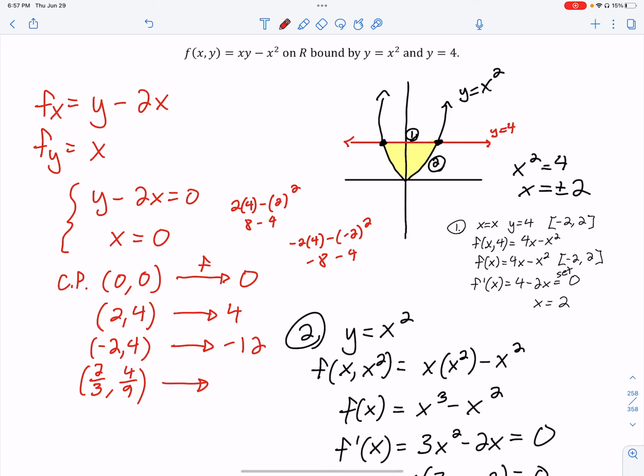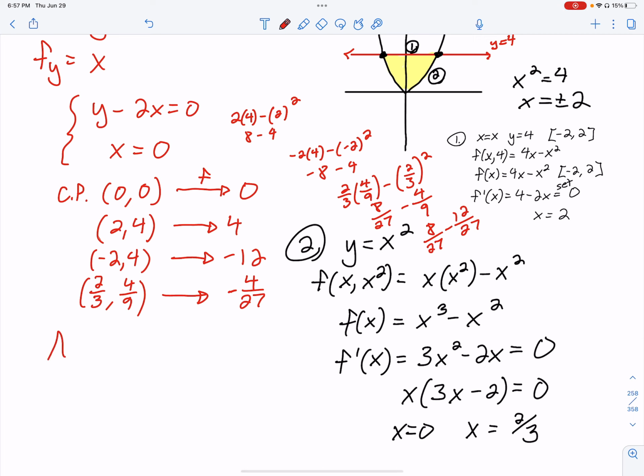And then the last one is not going to be the cleanest: 2/3 times 4/9 minus (2/3) squared. That gets me 8/27 minus 4/9. With a common denominator, I get 8/27 minus 12/27, which is negative 4/27.